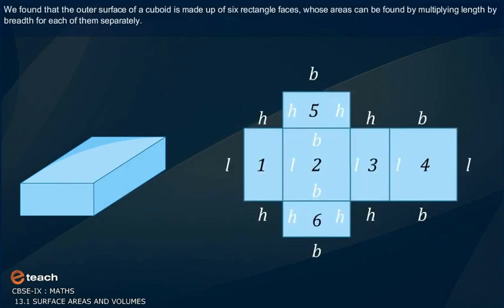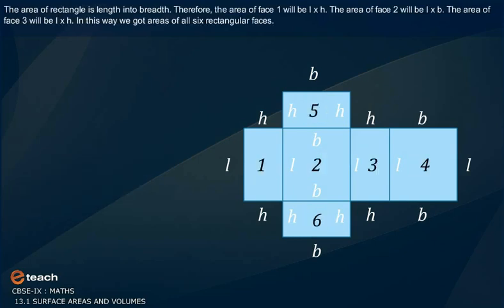We found that the outer surface of a cuboid is made up of 6 rectangle faces, whose areas can be found by multiplying length by breadth for each of them separately. The area of a rectangle is length into breadth. Therefore, the area of face 1 will be L into H. The area of face 2 will be length into breadth.